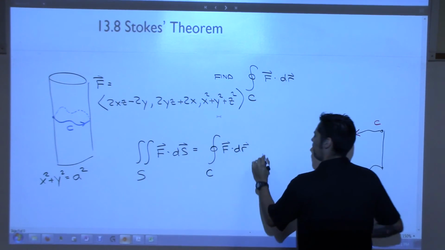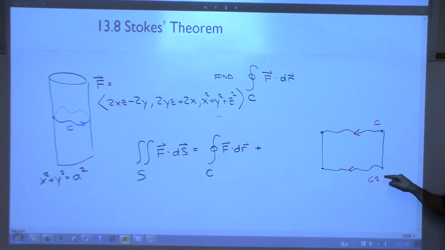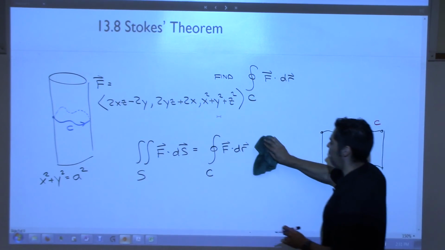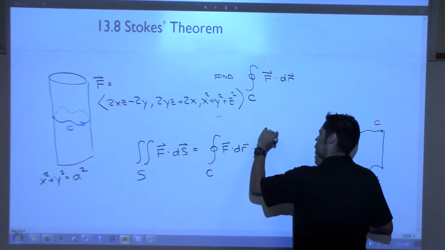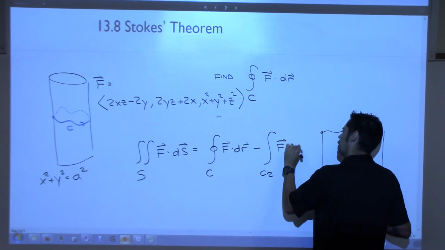Plus this one, but the orientation needs to be backwards, which means if I reverse the direction, I subtract, don't I? So how about instead I write minus this over C2 f dot dr.